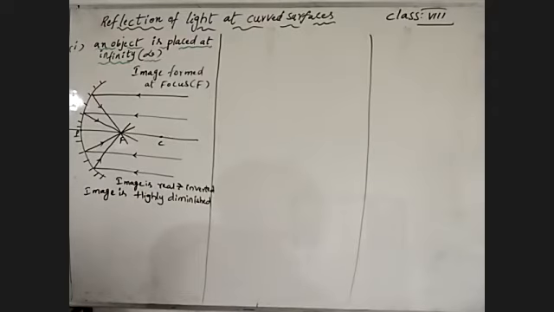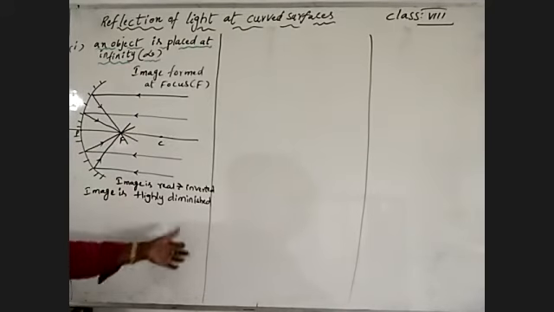That means a point-sized image. We can consider it a point-sized image. When an object is placed at infinity, the image is formed at the focus, and the image is real and inverted because it forms on a screen, and it is highly diminished.